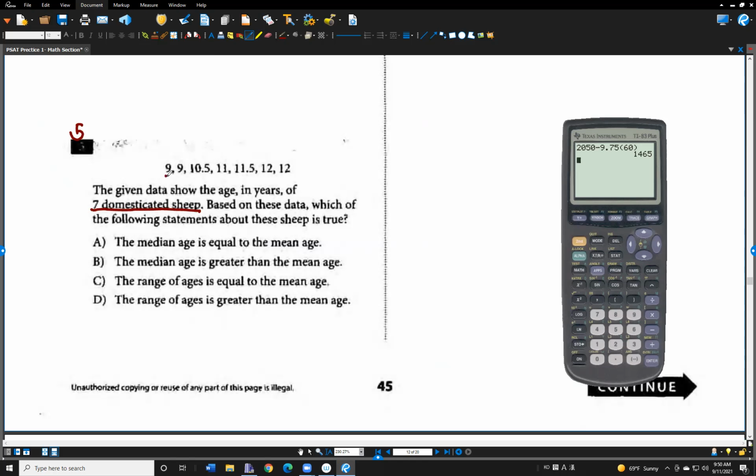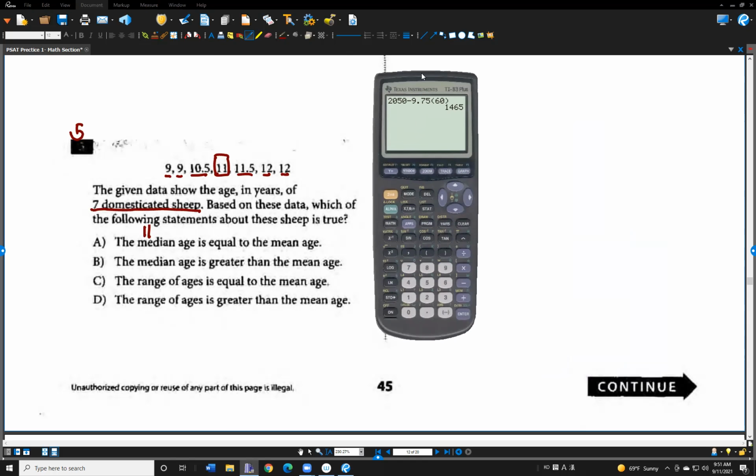Which one is the median? 1, 2, 3 to the left, 1, 2, 3 from the right. So the median is 11. Okay, does this 11 equal the mean value? You have to quickly check the mean value. Okay, so 9 plus 9 plus 10.5 plus 11 plus 11.5 plus 12 plus 12.